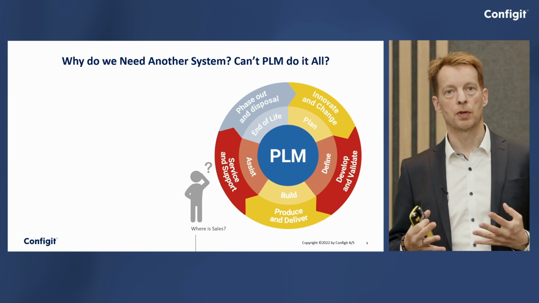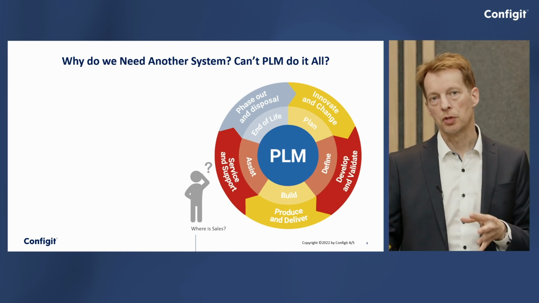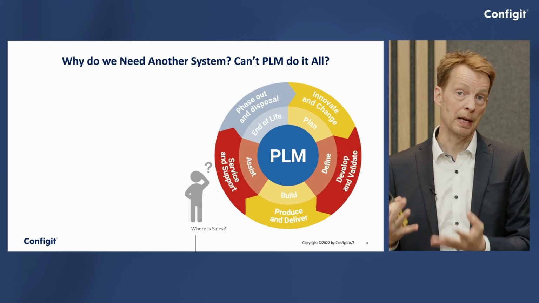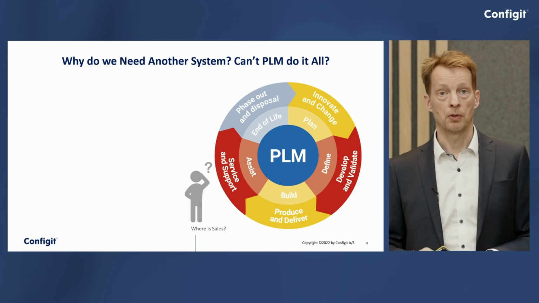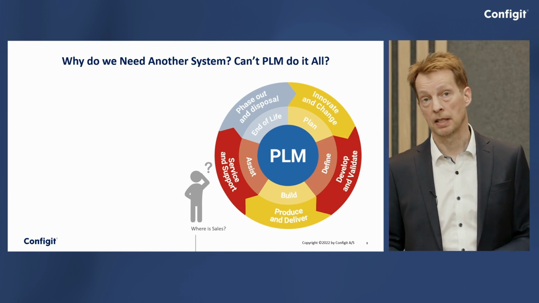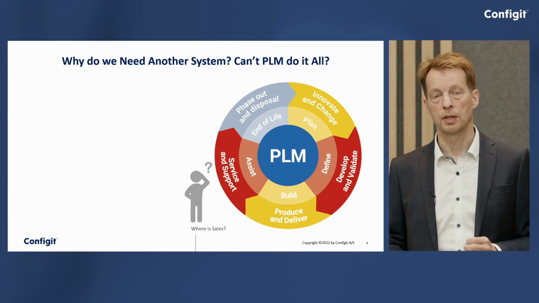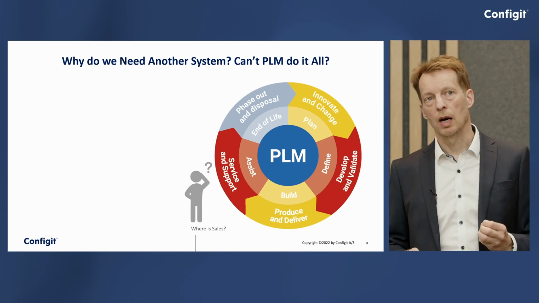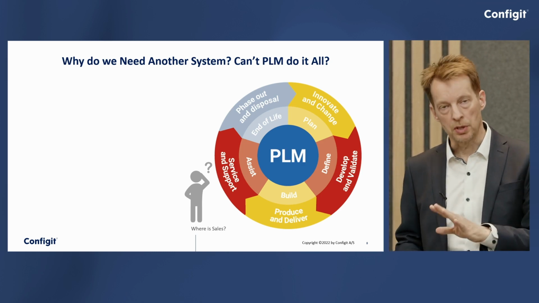So they tend to forget how the information from PLM is being used in sales applications to guide a user to make the right choices. And I just picked a random diagram here found on the internet, but this is actually the case if you go to most PLM vendors. They tend to ignore the whole sales area. But that's not the only reason why we need another system to link from PLM to sales.